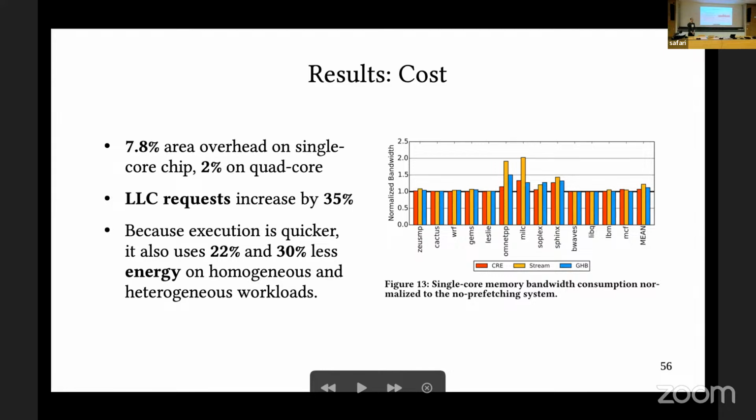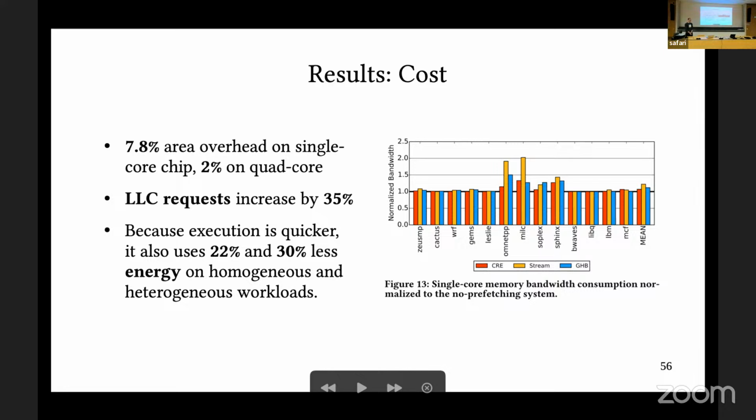Also, obviously, the CRE queries the cache as well, because it sometimes needs to fetch memory. This increases the requests by 35%, as they estimated or measured. For energy, they measured in multi-core systems, and the energy is also reduced simply because it's faster.